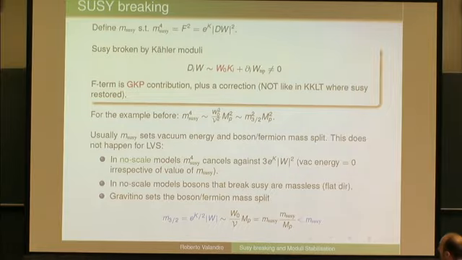Also, the bosons that break supersymmetry in this case are the Kähler moduli, and these are massless flat directions at leading order. What actually sets the boson-fermion mass splitting is now the gravitino, and the gravitino mass has this form: it is suppressed by 1 over the volume with respect to the Planck mass, and is also smaller than the SUSY breaking scale.